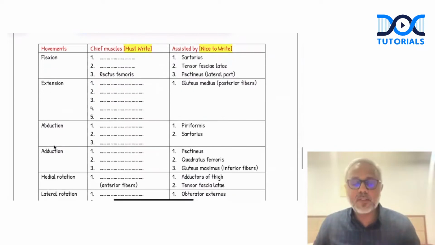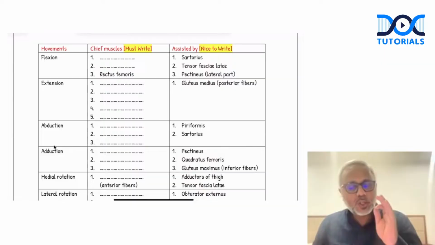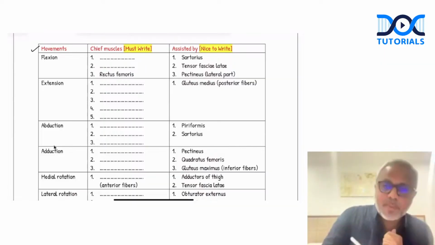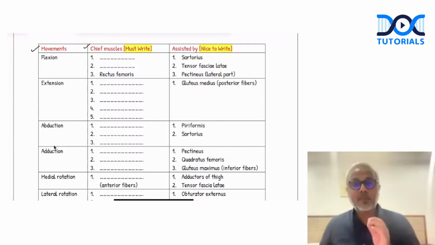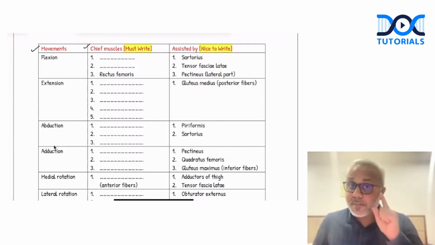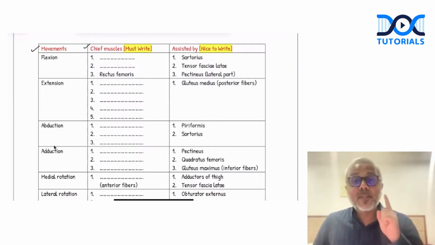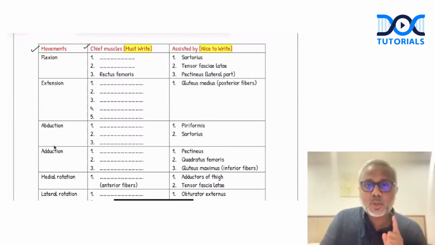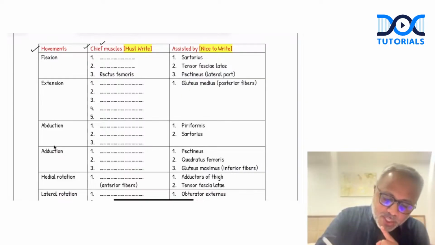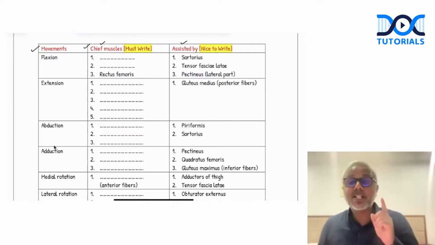Now, if you ask me how to write it, I would always suggest make a tabular column: name of the movements, and muscles bringing about it. If you are very confident, I'm repeating again, if you are very confident, then only write two columns mentioning chief muscles and accessory muscles.